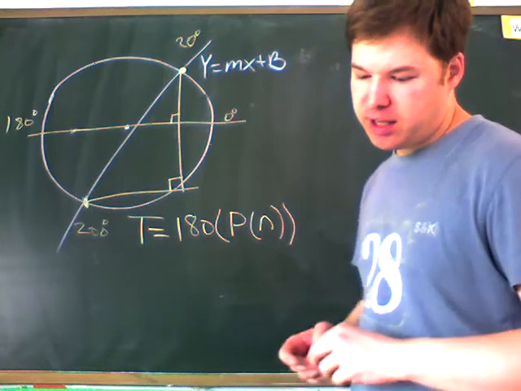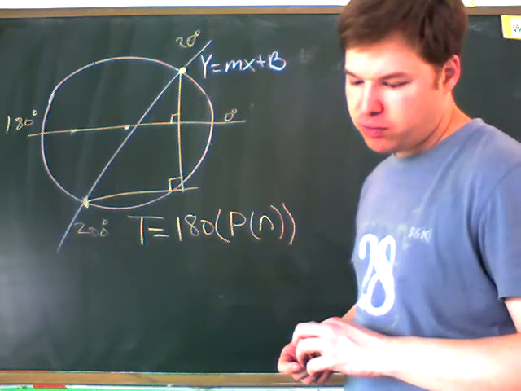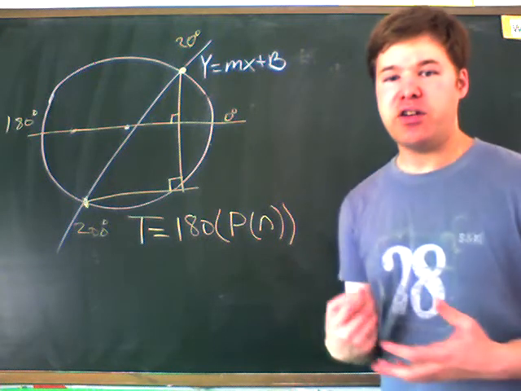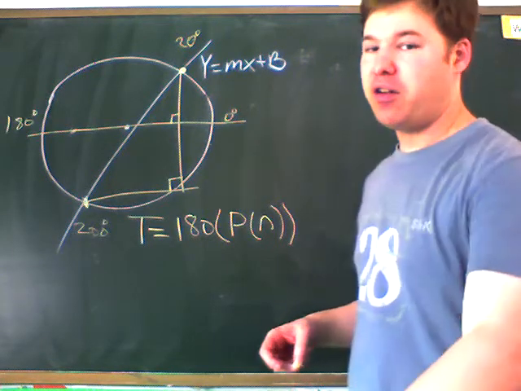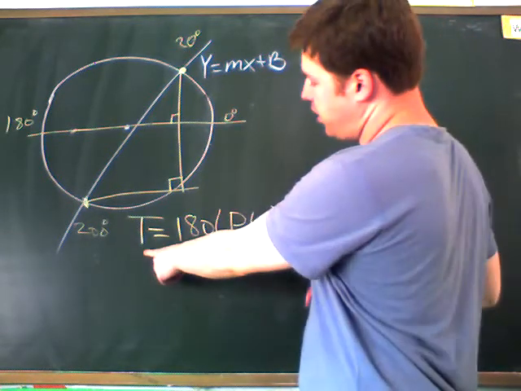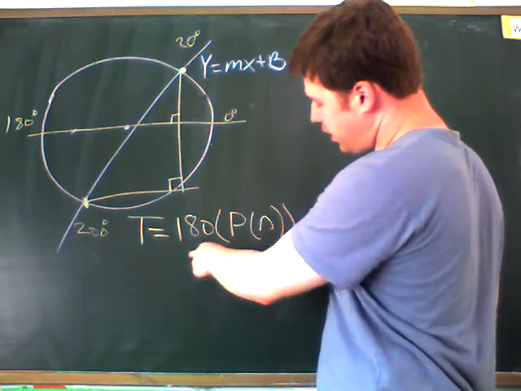Now, at first you look at this, you might think this is really confusing, but later it's all going to come together. See, this is the total, the angle right here.